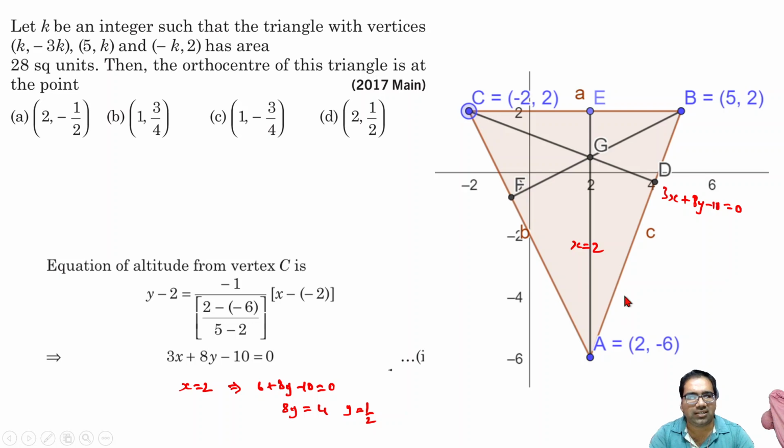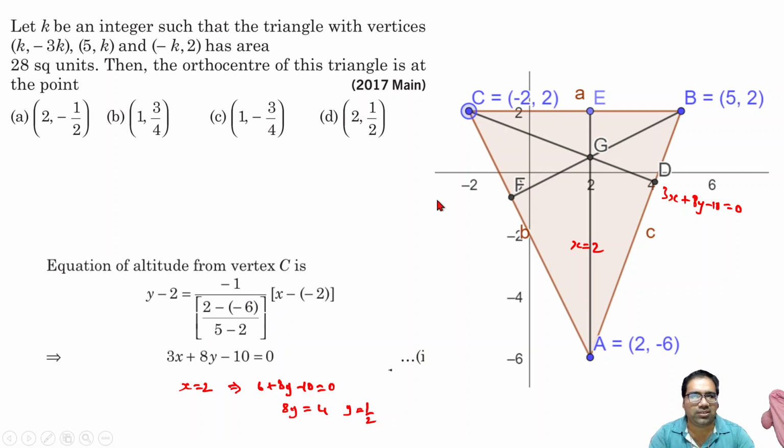Right. The slope of this line is (2 minus -6) by (5 minus 2)... that is this one. So that is the slope of this line. Obviously, the slope of the perpendicular would be minus 1 by this, because the product of the slope of AB and the slope of CD should be equal to minus 1. So the slope of CD should be equal to minus 1 by the slope of AB. Right.